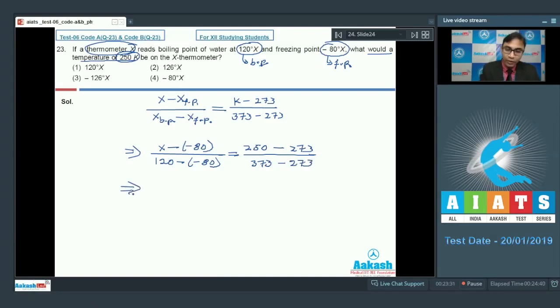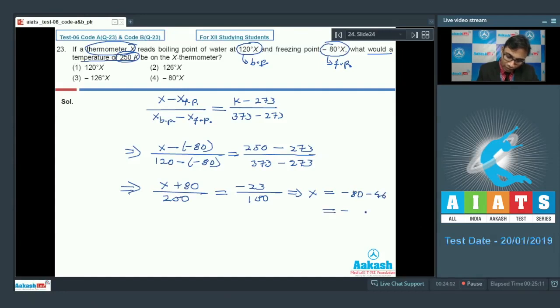So if I solve it, you will get X plus 80 divided by 200 will be equal to minus 23 divided by 100. So we will get X will be equal to minus 80 minus 46. That will be equal to minus 126. So this is our temperature for the X scale. So we can write minus 126 degree X. So my option number 3 will be the correct choice.